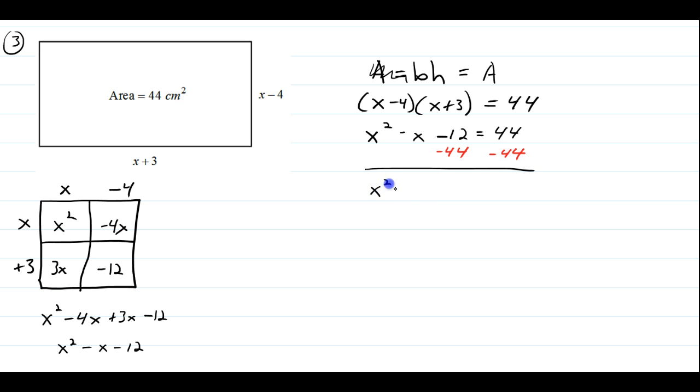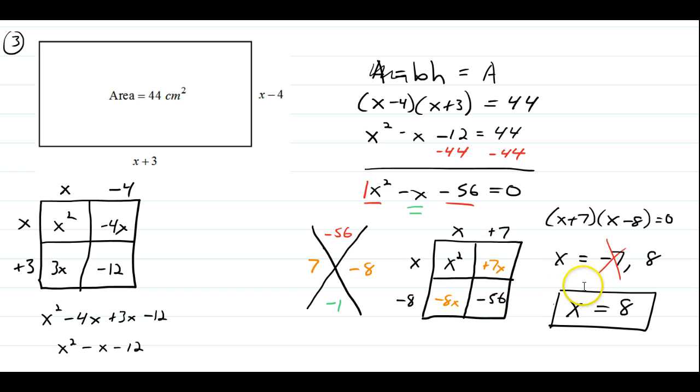And so we get x squared minus x minus 56 equals 0. And now I want you to use the Xbox method on this. And so you should finish with x equals negative 7 and positive 8. But since we're talking about a rectangle, we wouldn't want to have a negative dimension. So 8 is the one that works.